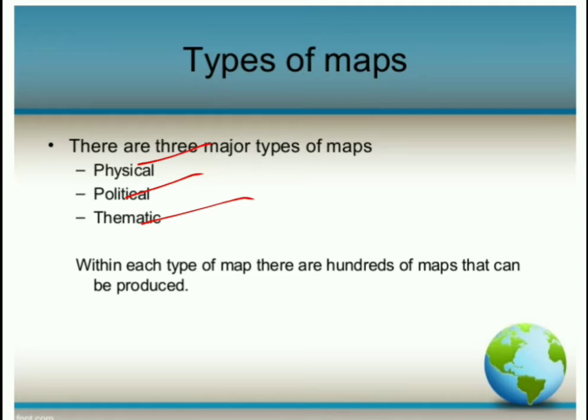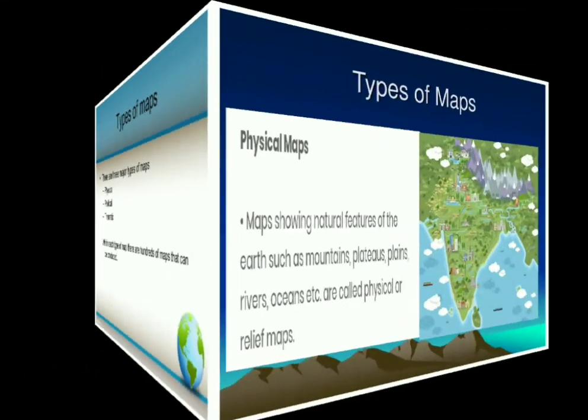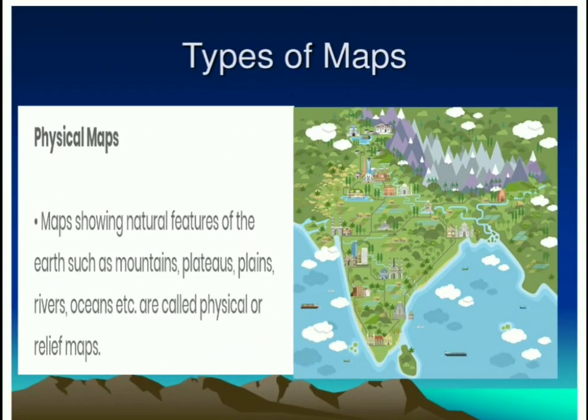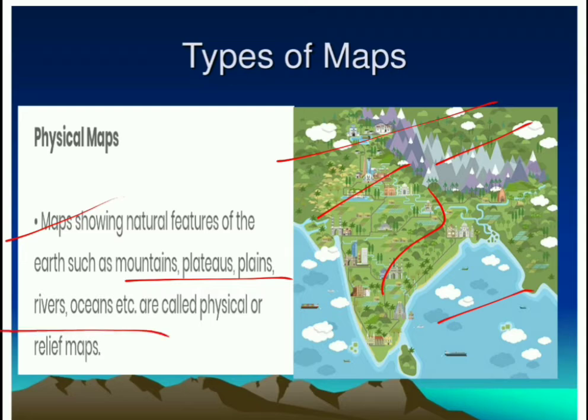So let us start the discussion with the first type of map, that is the physical map. Just observe the map. Here we are viewing the mountains, desert areas, oceans, river systems, and so on. Maps showing natural features of the earth such as mountains, plateaus, plains, rivers, oceans, etc. are called physical or relief maps.